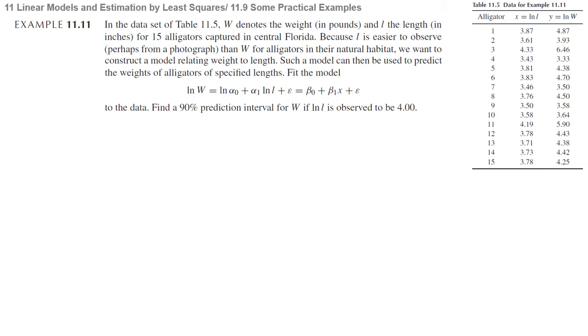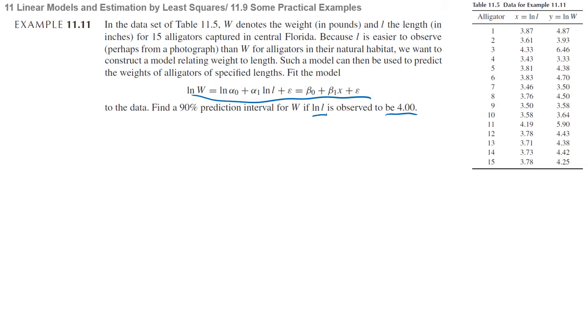Such a model can then be used to predict the weight of alligators of specified length. Fit the model something like this to the data, and find a 90% prediction interval for W if ln L is observed to be 4.00.